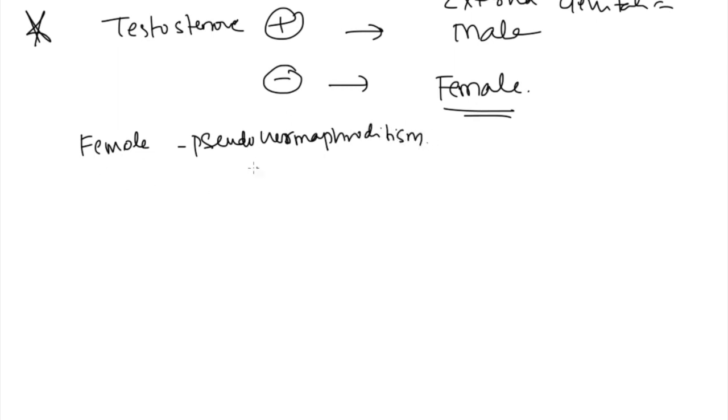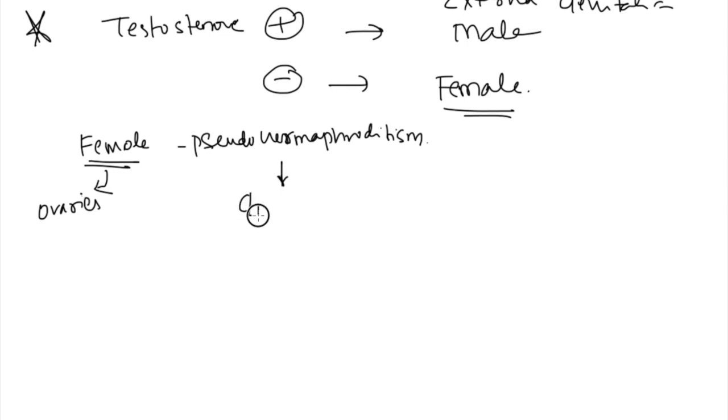Inside, the internal reproductive organs are normal. They're that of a female, that is, ovaries are present. Hermaphroditism is basically the fusion. Instead of having the labia and the external genitalia of a female, they'll have features of both mixed male and female.